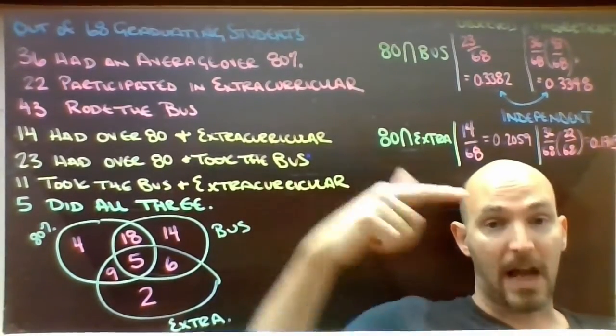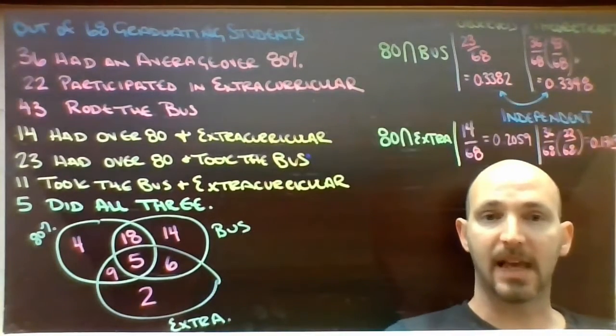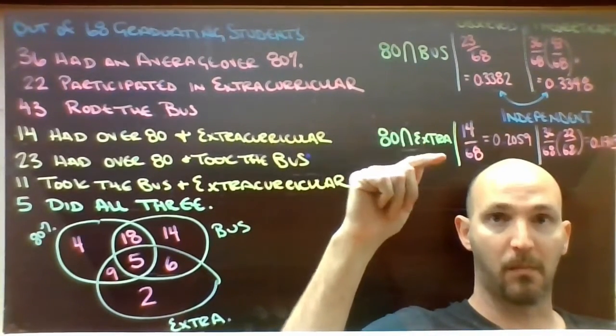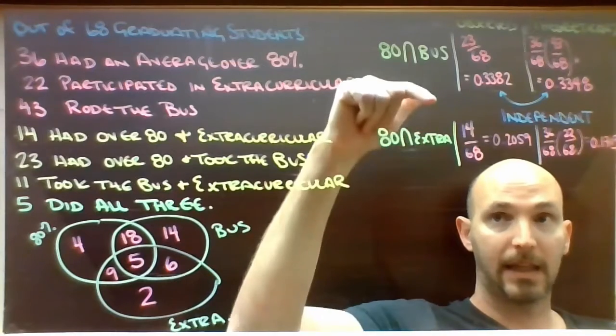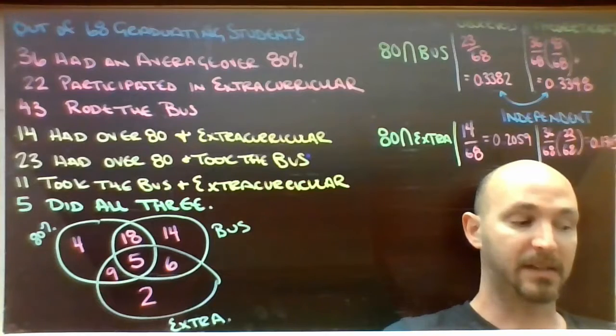Now, those don't match. This is almost 21 if I did rounding, and this is only 17. So I found, when I looked, there were 4 percentage points more showing up in this category than what is theoretically expected.